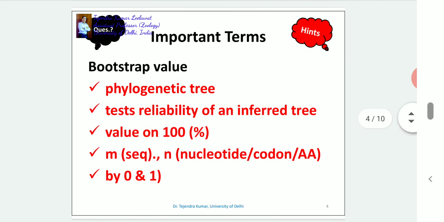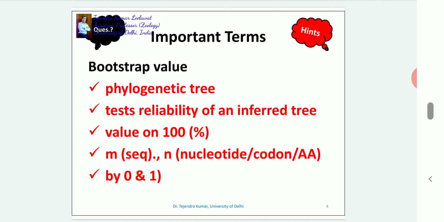Whenever you make a phylogenetic tree, you put some values on its branches. Suppose that branch is a partitioning branch, then you give the number 1, or suppose it is not a partitioning branch, then you give the number 0, and so on.